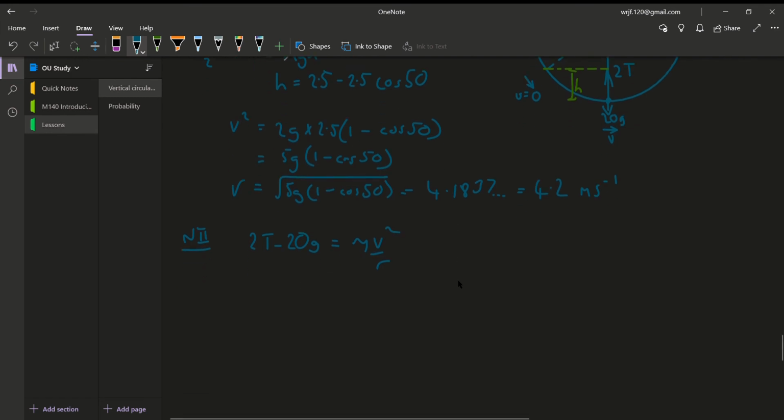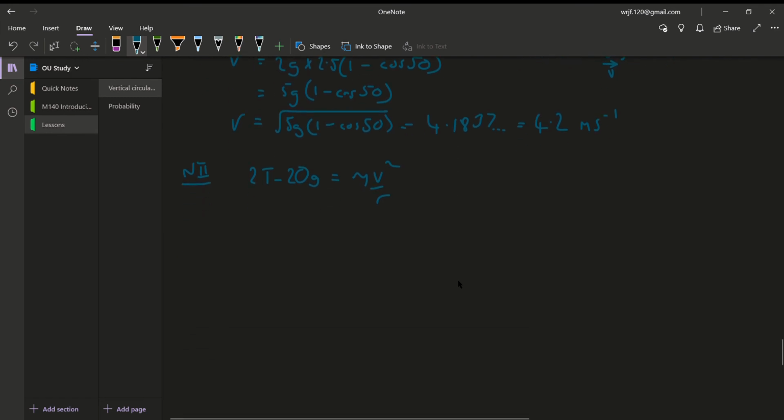There's various bits of information we can put into that now, but essentially we've just got to solve that for T. So let's just put some numbers in before we start doing anything else. So 2T minus 20g, nothing I can do about the T there because that's what we're calculating in the end. m we know to be 20. r we know is going to be 2.5.